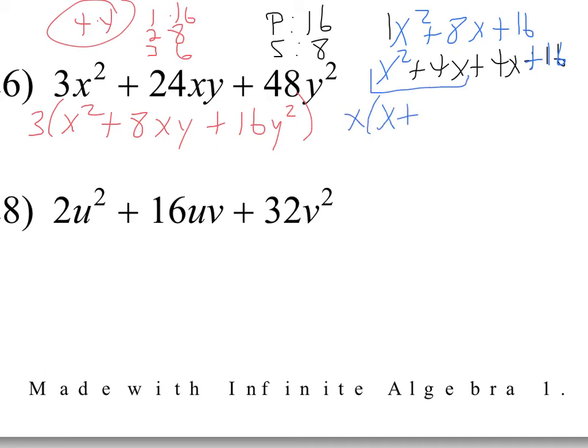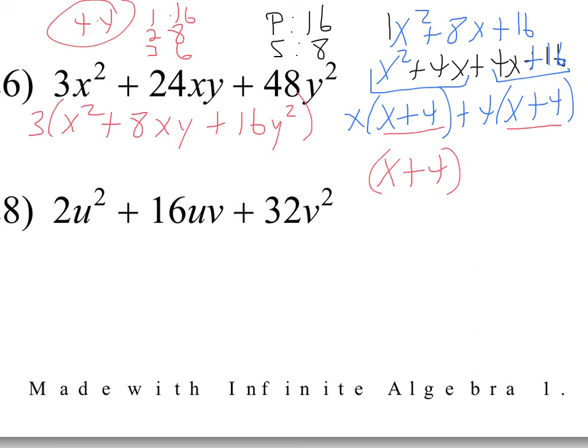I have an x plus 4. These two have a 4 in common. So plus 4 is taken out. We get x plus 4, which is good news for us because we want the same thing in the parentheses. So you factor out an x plus 4, and it's times what's left, which is x plus 4.